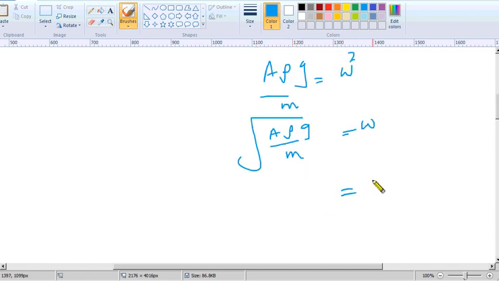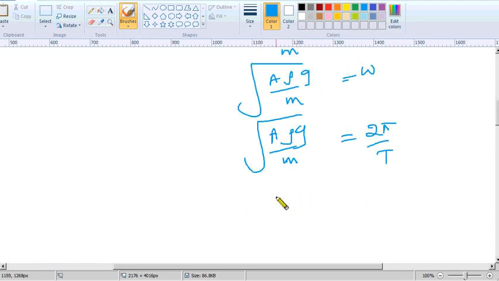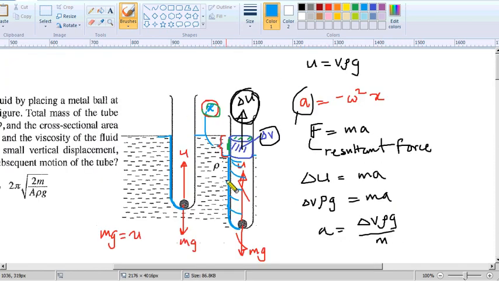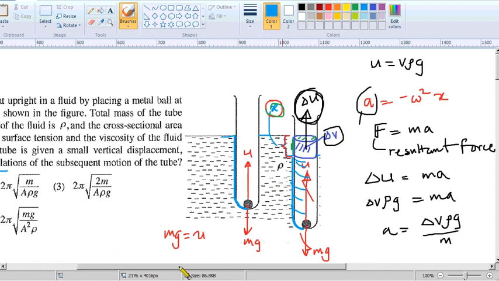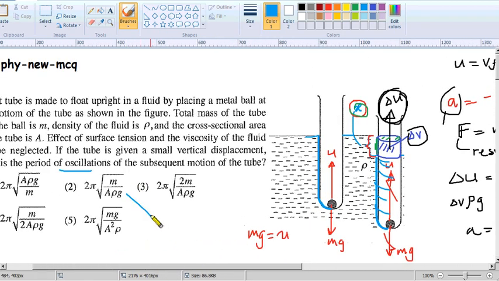We know omega is 2 pi divided by T, so T equals 2 pi times the root of m divided by A rho g. So this one is the answer. The answer is 2, as we obtained in the previous video.